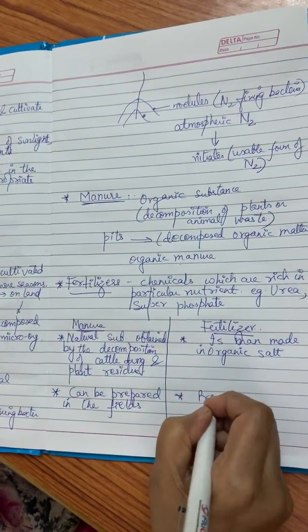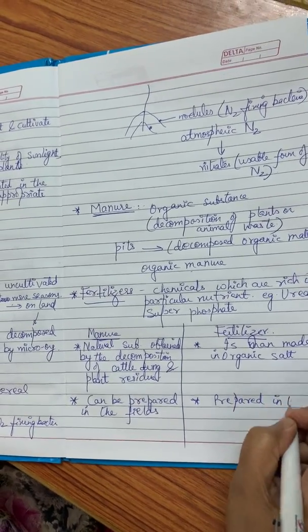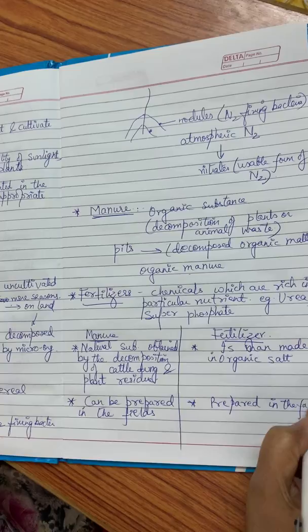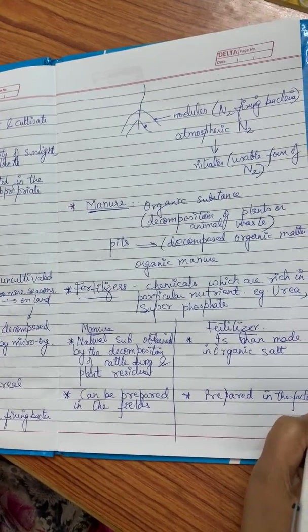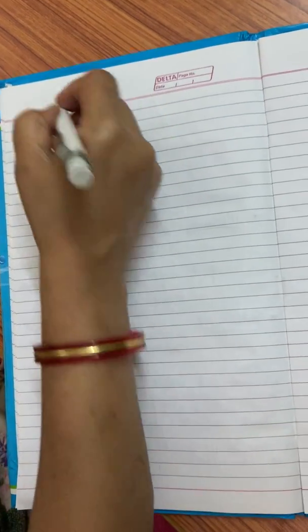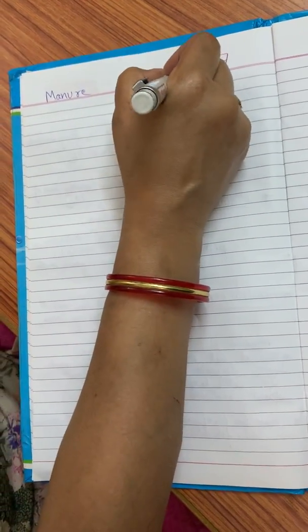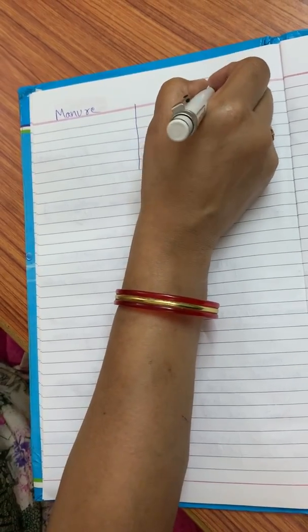They are prepared in the factories. Manure and fertilizer.